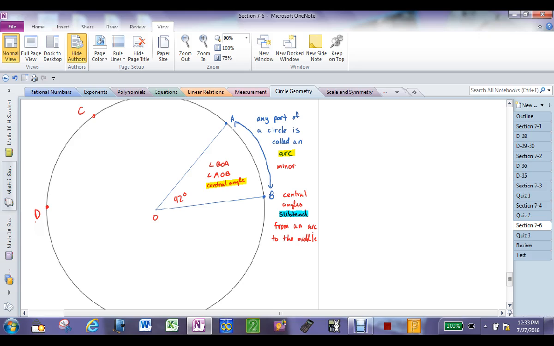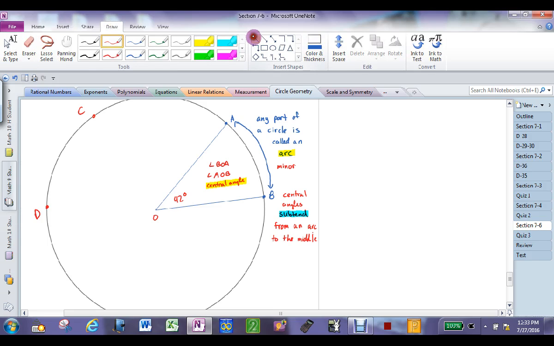Now I want you to make the chord AD. We've talked about what chords are. Everybody draw the chord AD. So it is a line through the circle from A to D. Got it?